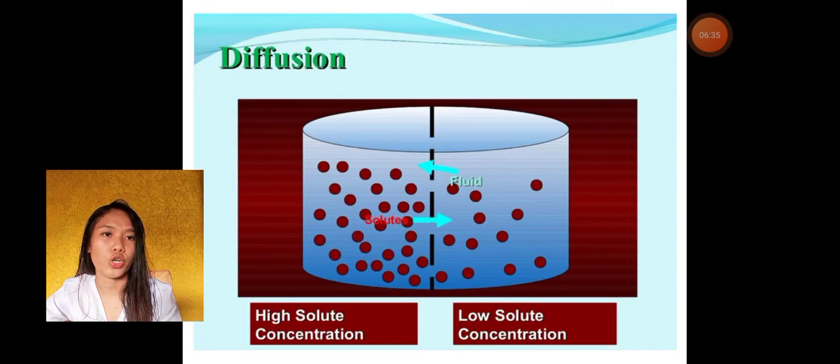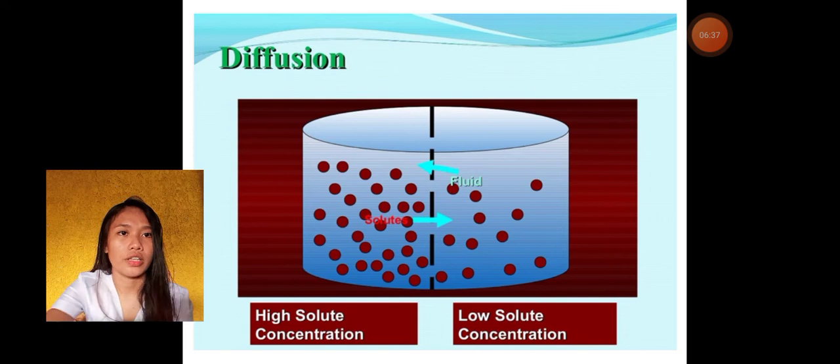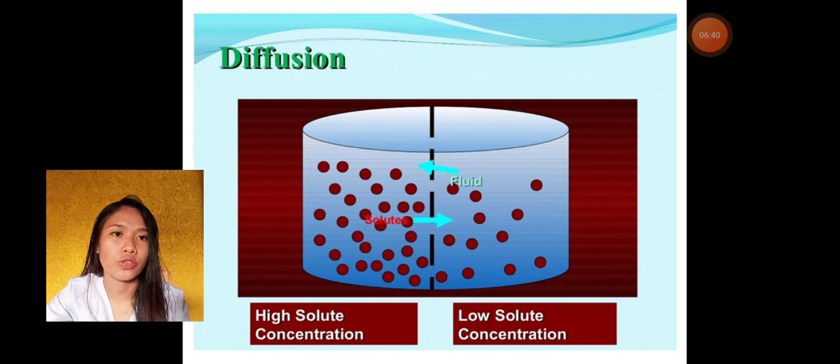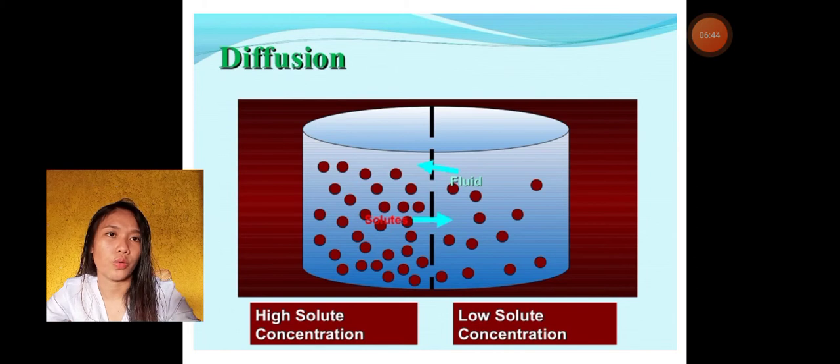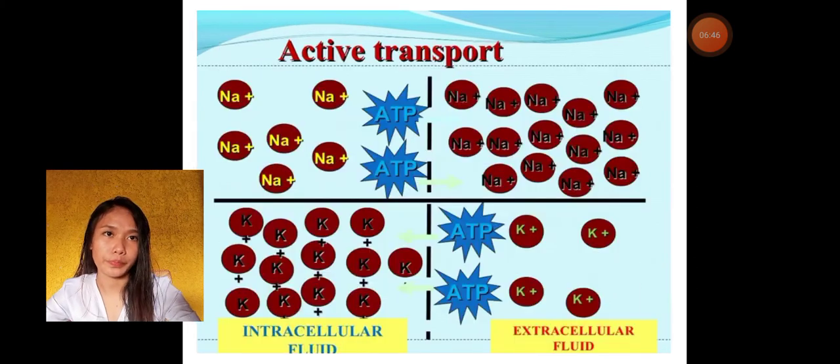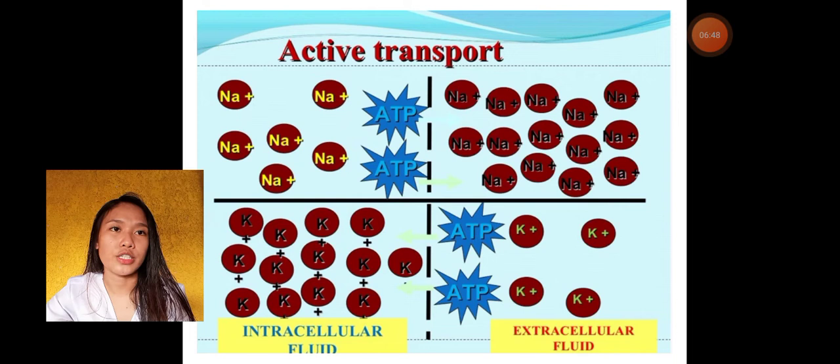Next is diffusion. This part is high solute concentration and low solute concentration. That is how diffusion happens. And active transport, between intracellular fluid and extracellular fluid.